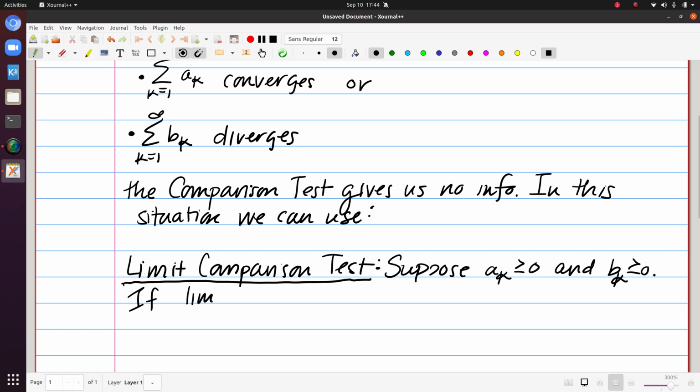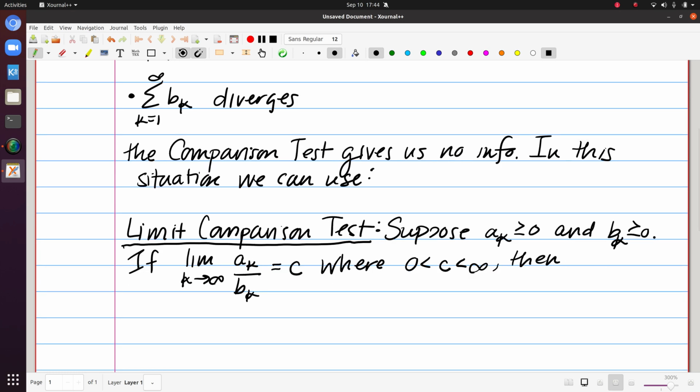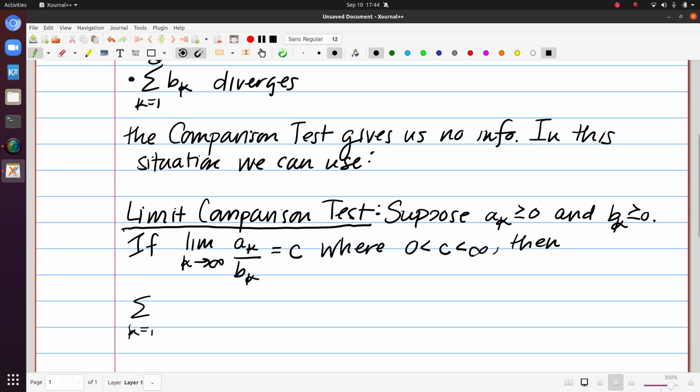Instead, we're going to look at a limit. In particular, we're going to look at the limit of a sub k over b sub k. And let's call that limit c. If we find that that value of c is between 0 and infinity, so we want it to be a positive finite number, then we're going to be able to conclude that our two sums, that of a sub k and that of b sub k, either both converge or both diverge.